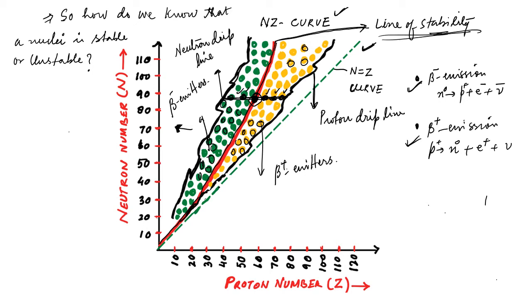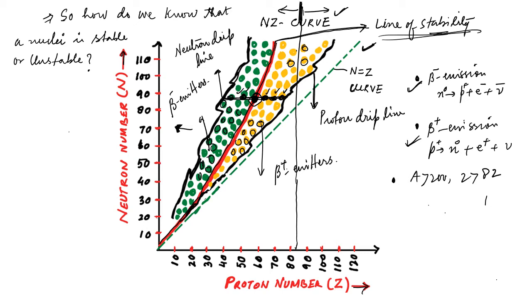And the rest: if a system has a very high number of nucleons, if I keep on increasing the neutron number and the proton number, like A greater than 200 or Z greater than 82 or 83, then either on this side or this side of the line, those nuclei are going to be very large.